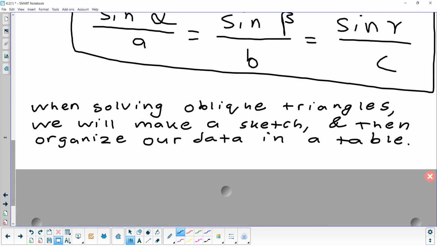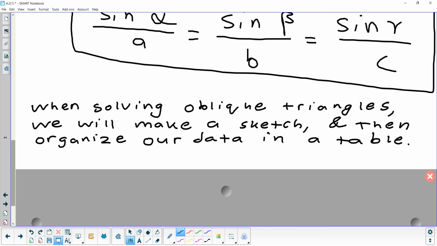So, when we're solving the kinds of problems we're going to see this week, one thing that's the same, we're going to make a sketch. We did that before. We're going to make our table. The only thing that's going to be different in the table is most of the time, you're not going to see a 90. In fact, I think pretty much every problem this week, you won't have a 90.